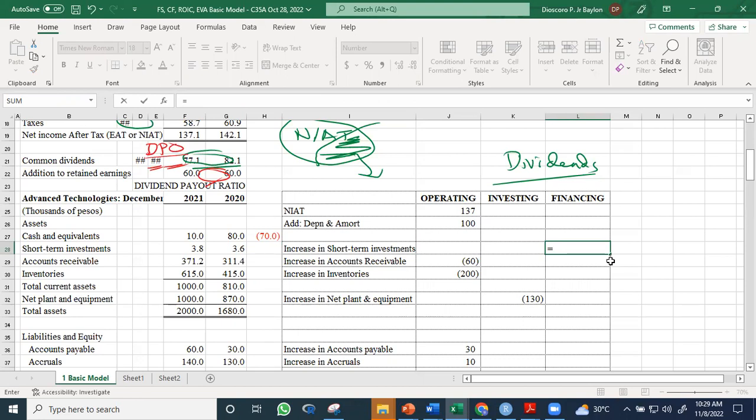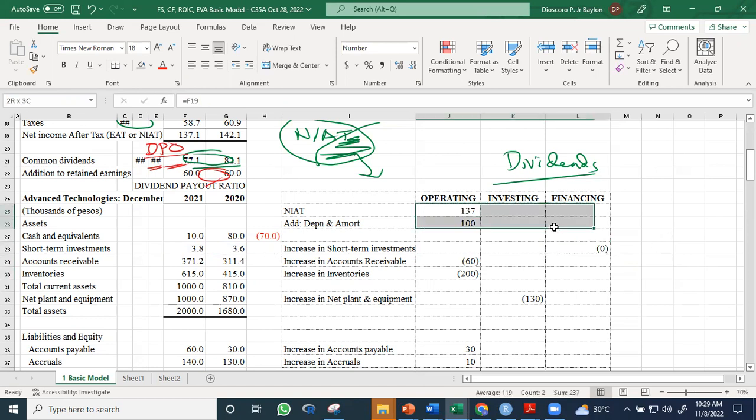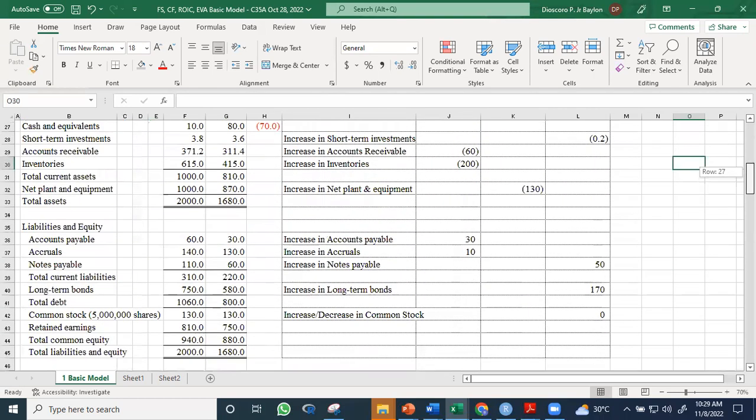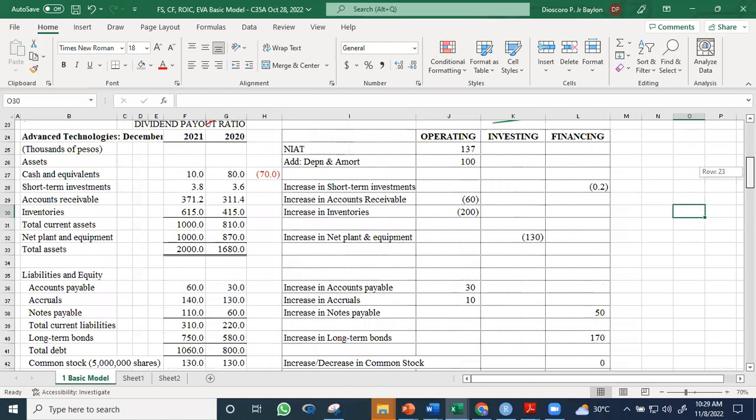So it placed out money, right? So this is a use of cash. It's a zero because we're not putting any decimal here, but it has a value. It's 0.2.